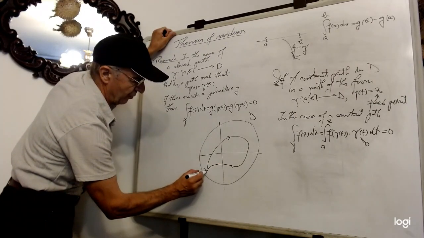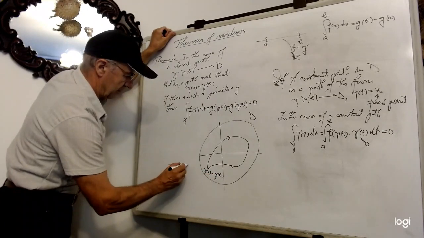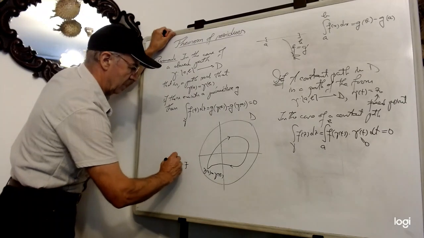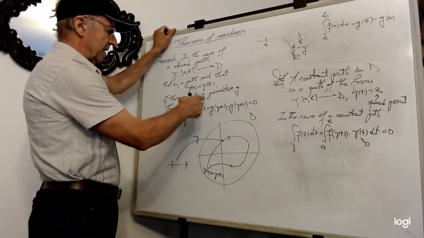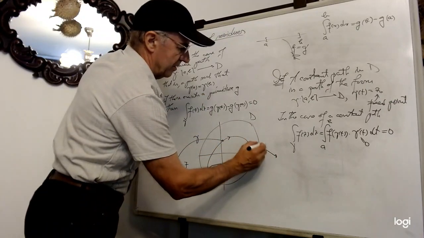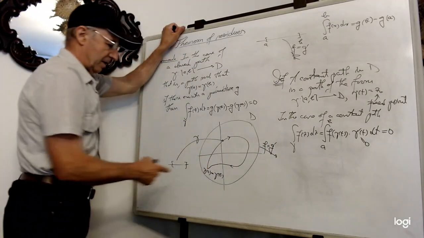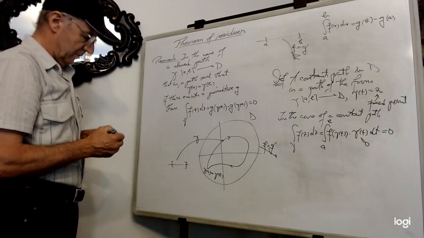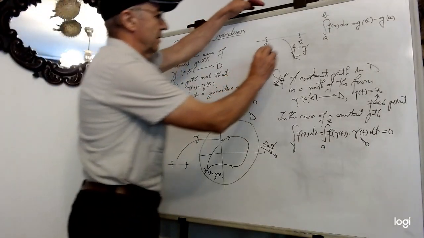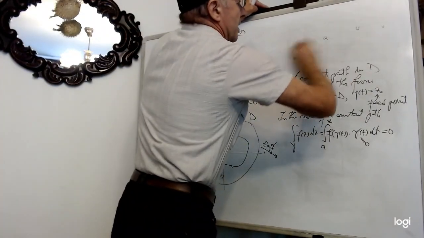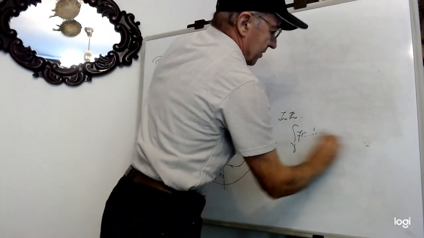The starting point gamma of a equals gamma of b. So if our function admits a primitive g, then the integral along a closed path is 0. Let us now compute the integral of a function along a closed path.